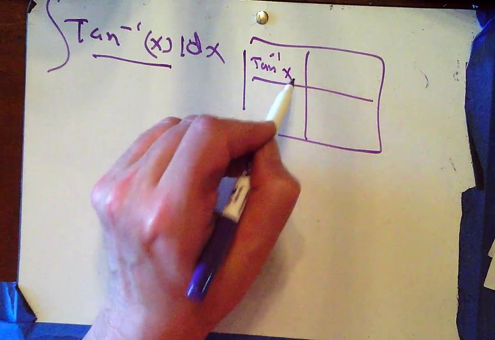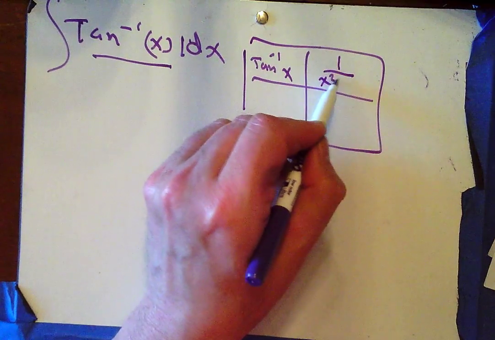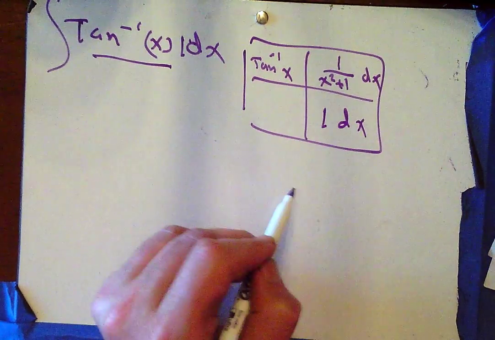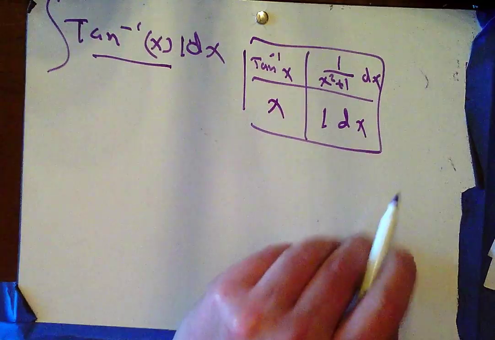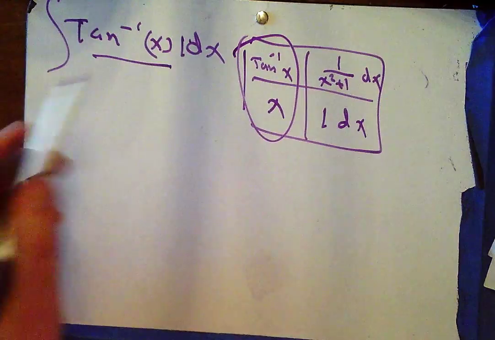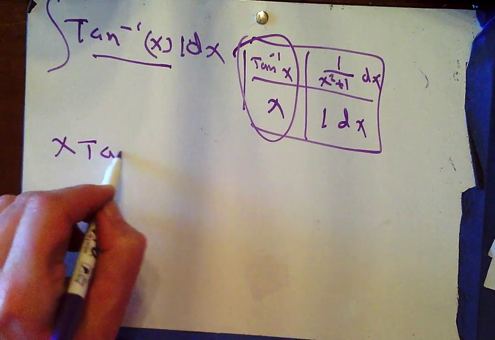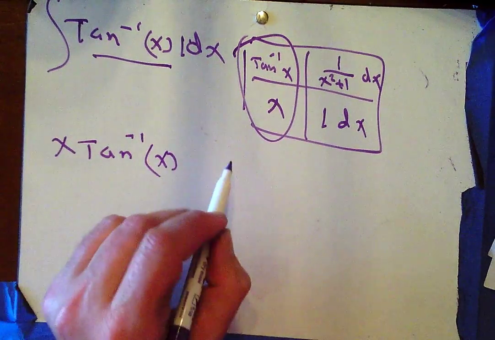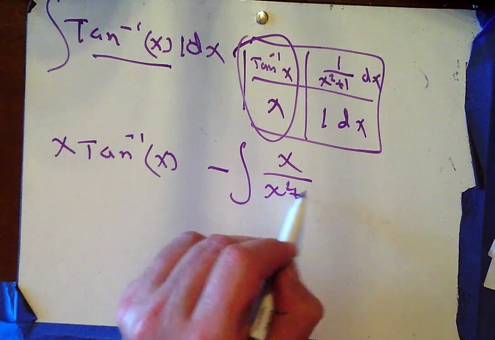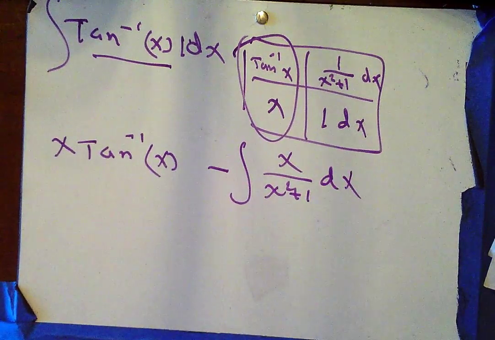Tangent inverse x, I get 1 over x squared plus 1 dx. 1 dx, I go backwards, I get x. So what was our parts method? This times this. x tangent inverse of x minus the integral x over x squared plus 1 dx.